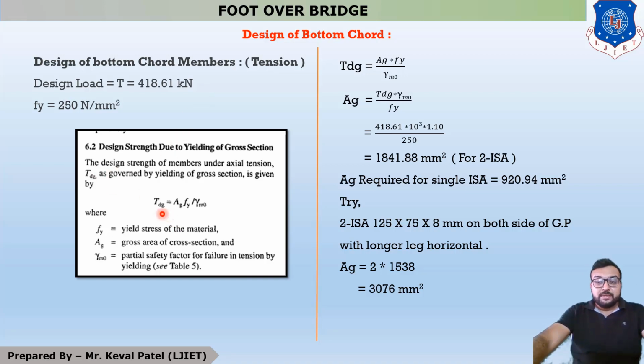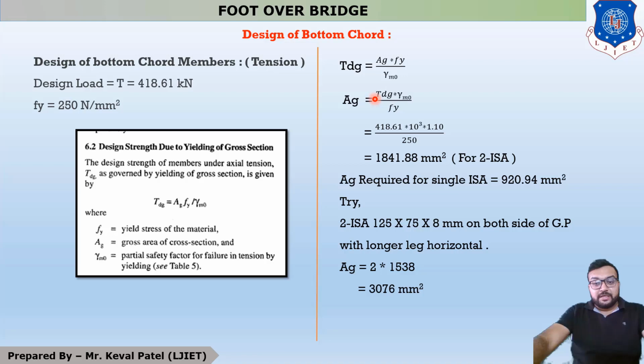So the equation is Tdg is equal to Ag Fy by gamma m0, and this equation is given on page number 32. In this equation, first of all you have to find out Ag. Ag means area required, how much area is required to sustain these loads.